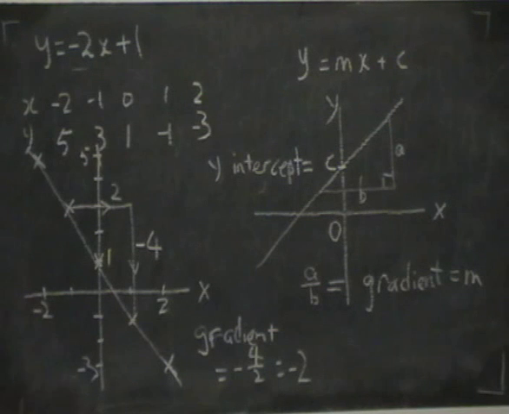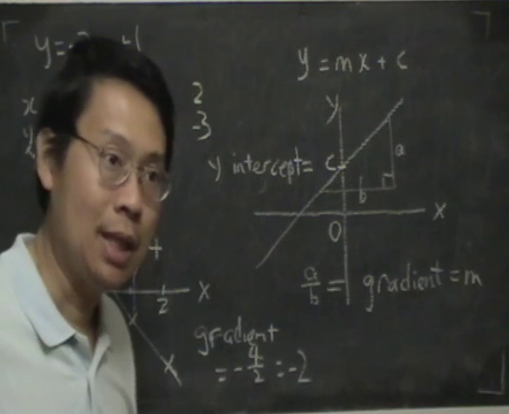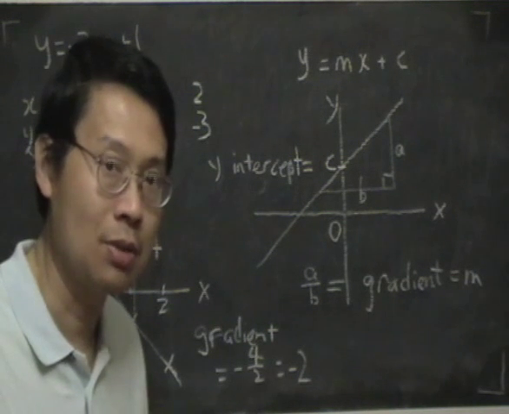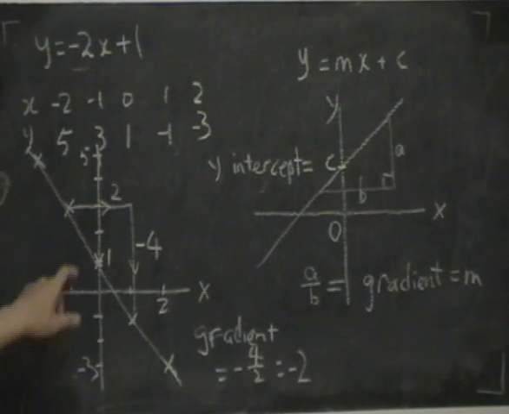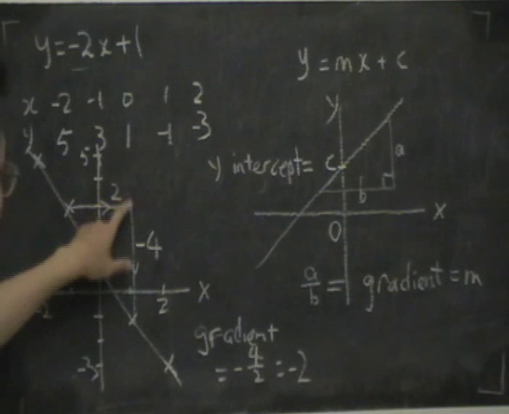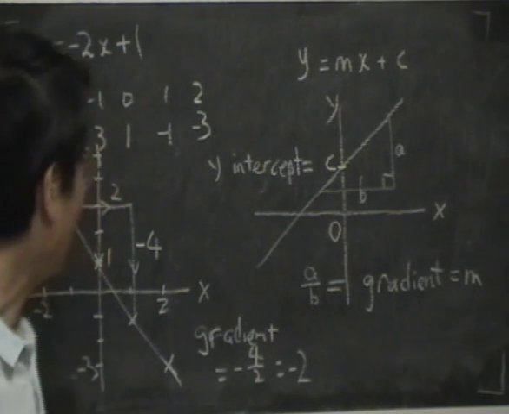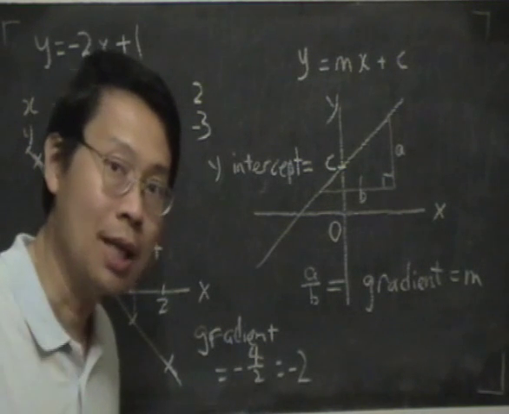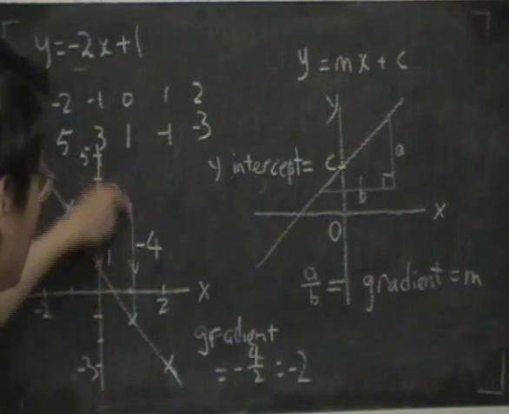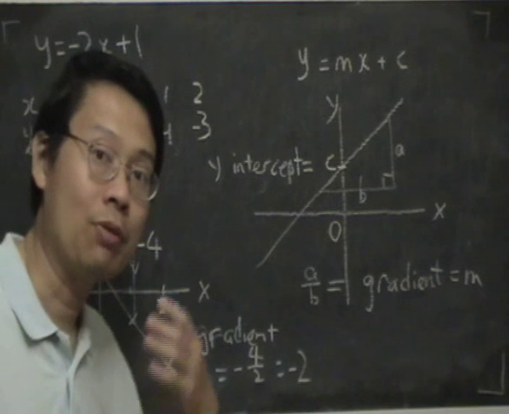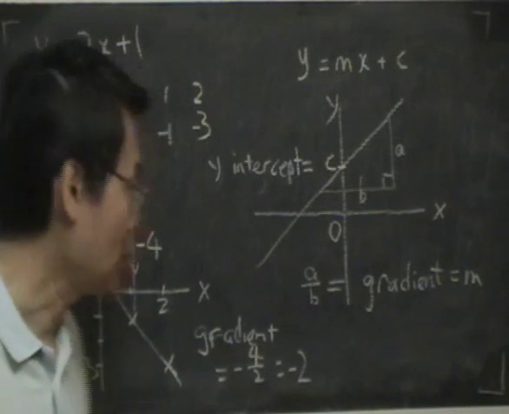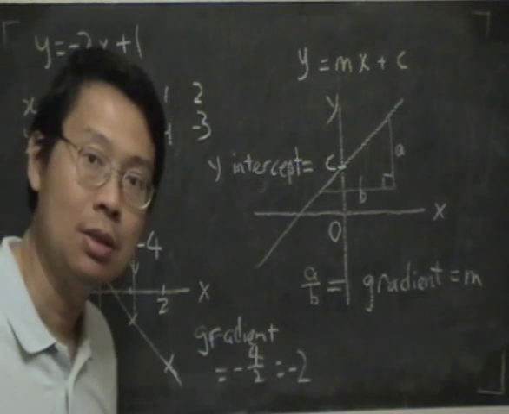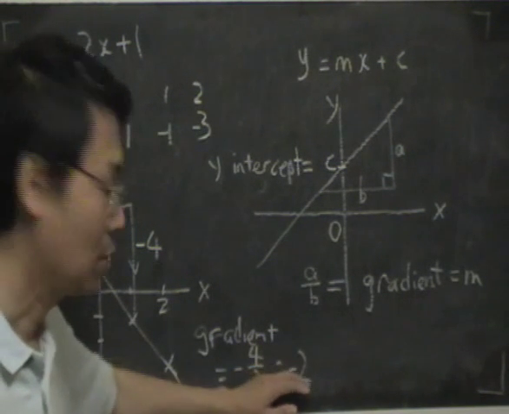Okay? So, but you can see that I have done something subtle. I have said that to calculate the gradient, I have to take the vertical distance as negative because it's going down. So it's like I'm giving that distance a direction. Okay, I have to make that distance negative so that I get the correct sign in the gradient.